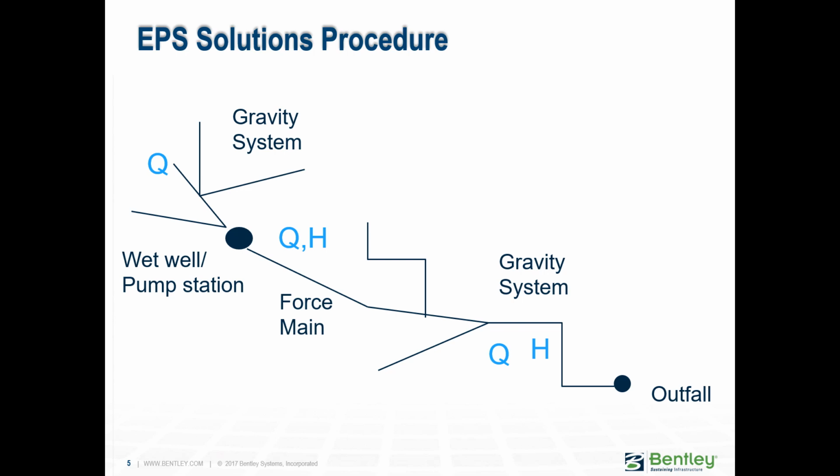Why? Because we know the wet well elevation, or what we call boundary conditions. And so using those boundary conditions and the flows that we had, we can determine the hydraulic grade line using the backwater analysis.